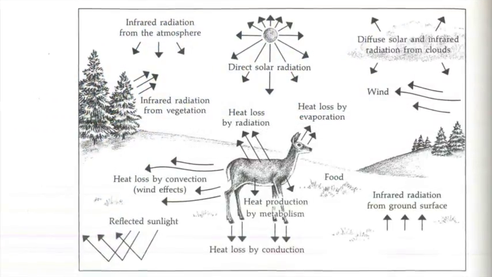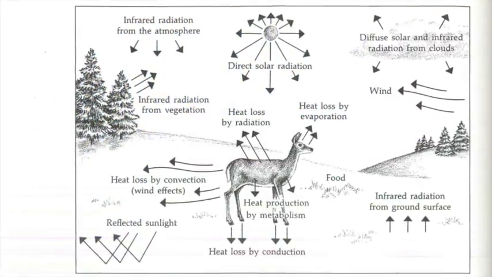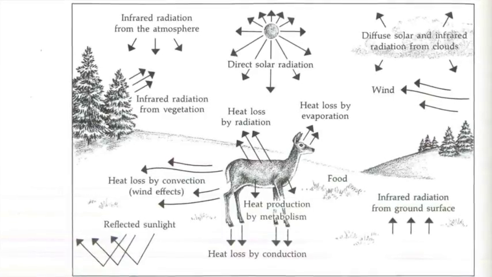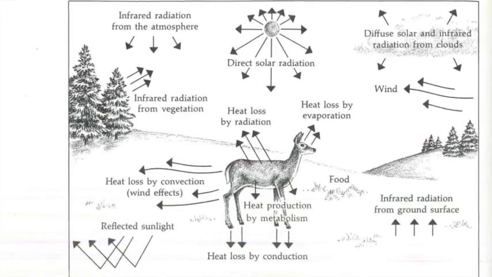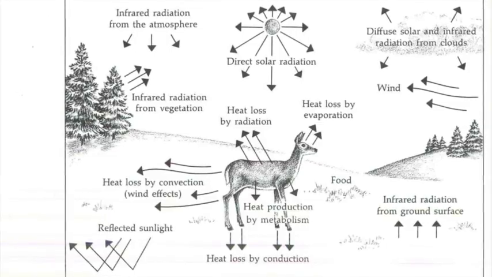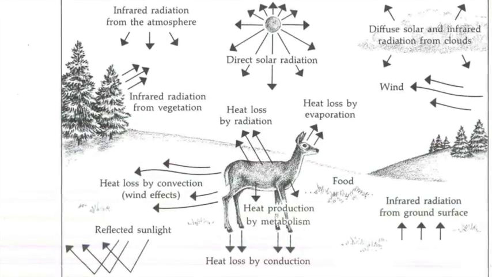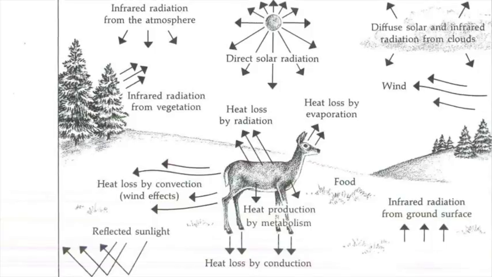As you can see by this really detailed diagram, everything in our everyday lives is either reflecting, losing, or absorbing heat. Even trees that we eat have infrared radiation bouncing off of them.